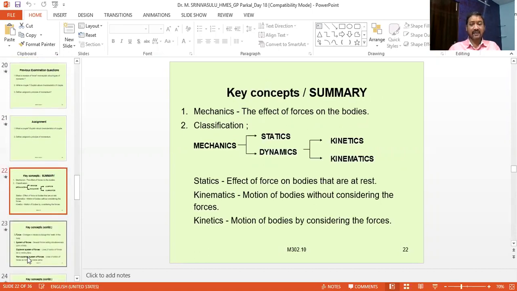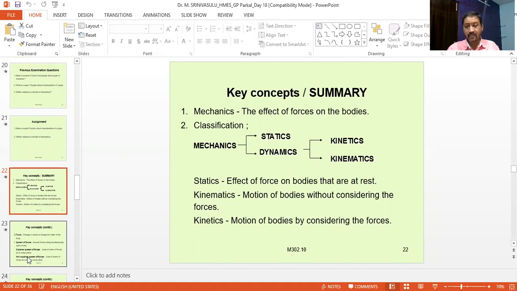Now the next thing is, with this we have completed the chapter force systems, which comes under statics for our solid mechanics. And once again we will recall the key concepts, that is the summary of this lesson.